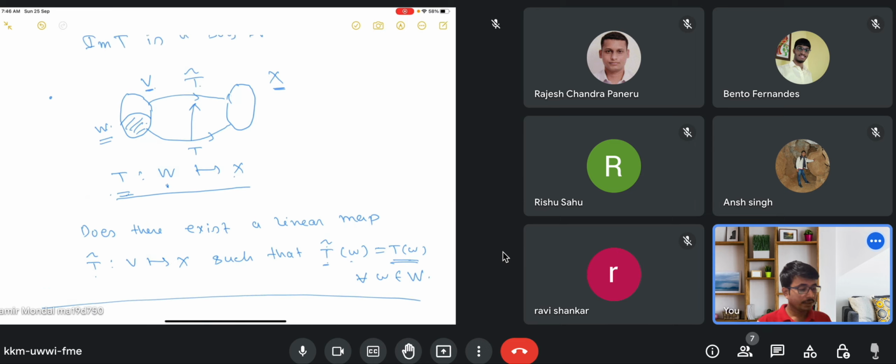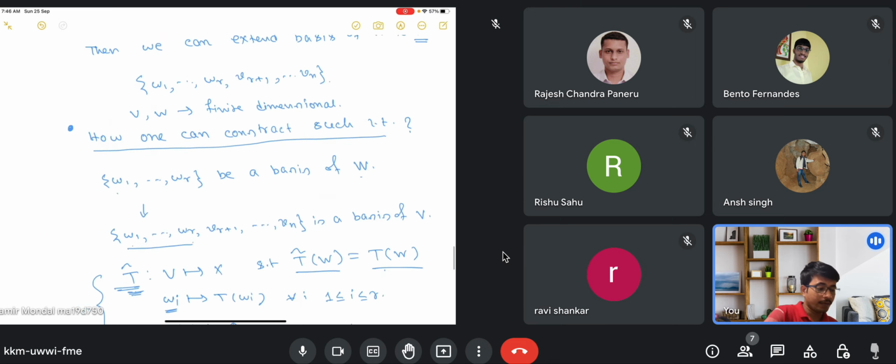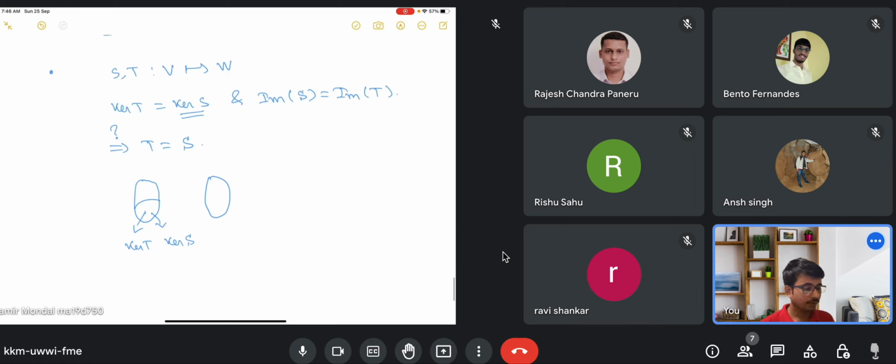Here we were telling that if one map is defined on W, we can extend it to the whole V, the full domain, such that the image of this subspace under T tilde and T are both the same. Here our assumption is that S and T are both the same on the kernel of T. In the previous problem we told that this T tilde is not unique.